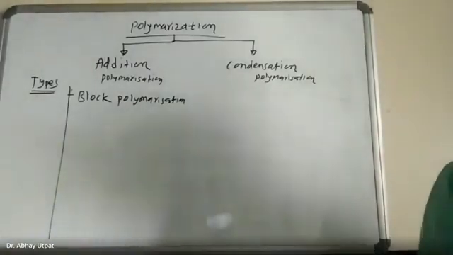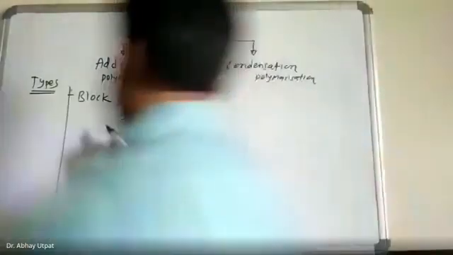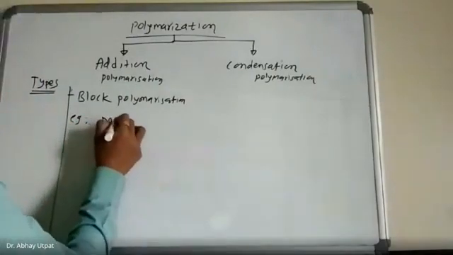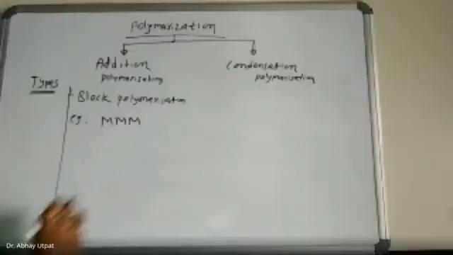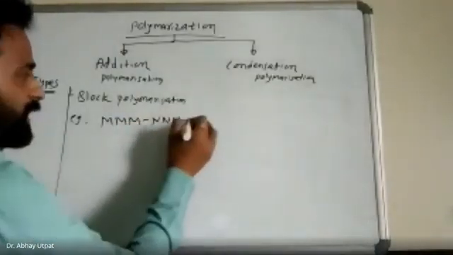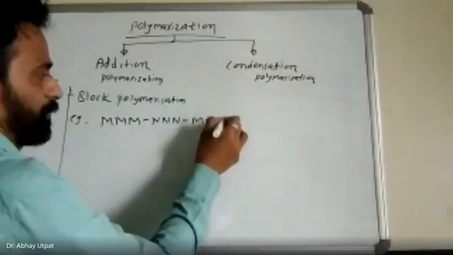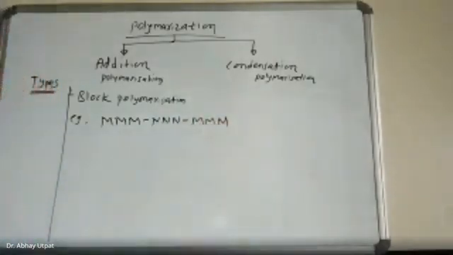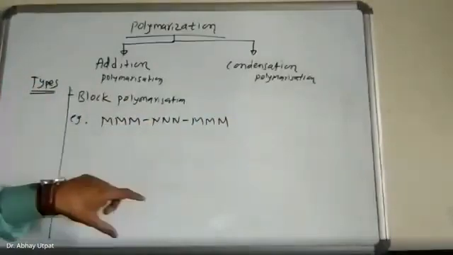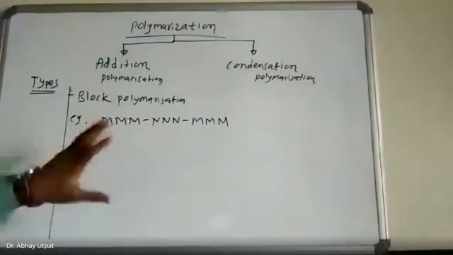Example. Now see blocks M dash N dash M in this way. These are coupled in the blocks. Check the previous case and this case. Only a little difference, no far difference.